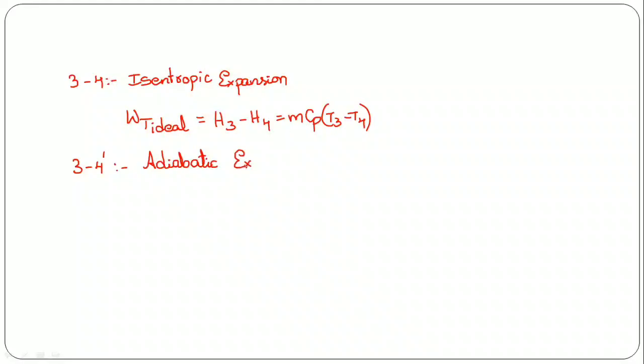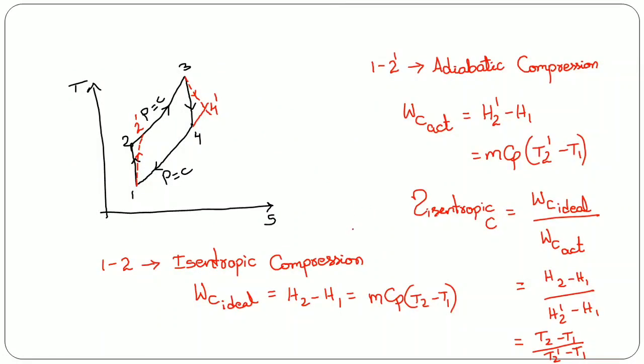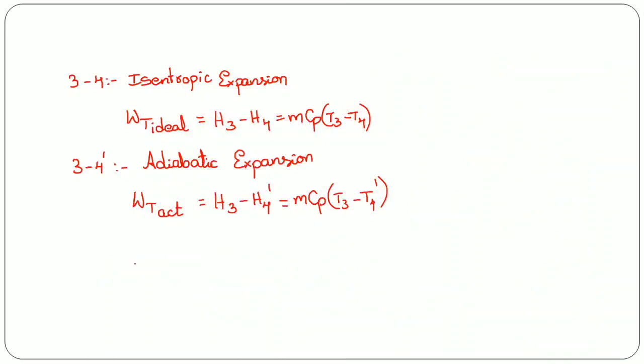So when we consider this adiabatic expansion, WT actual will be H3 minus H4 dash, which will be mCp (T3 minus T4 dash). So this is the actual expansion that is happening. Now the isentropic efficiency of the turbine will be WT actual by WT ideal.